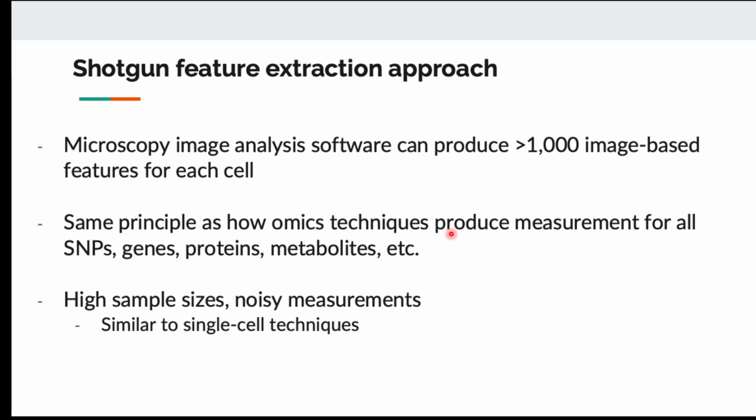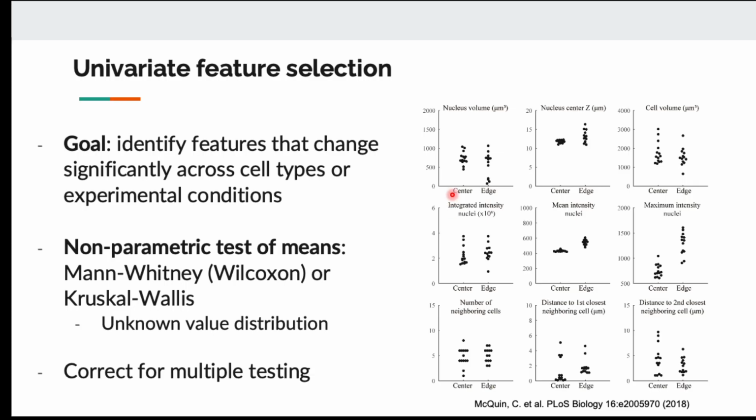We were essentially trying to weed out all the unrelated genes and only focus on genes that are differentially expressed across the conditions. So we have to do the same thing here. We can do univariate analysis, like differential expression, where we compare the shape, the volume, the expression level of the protein across cells from different conditions.